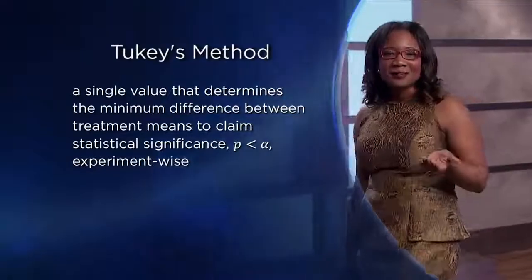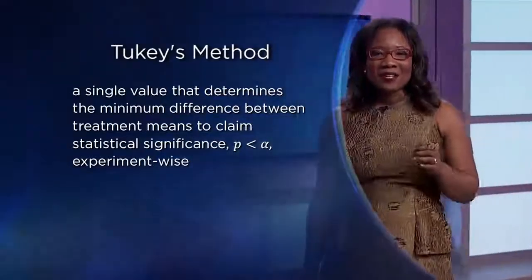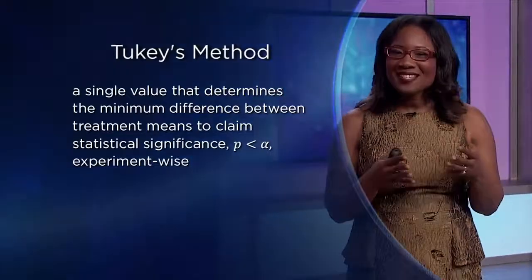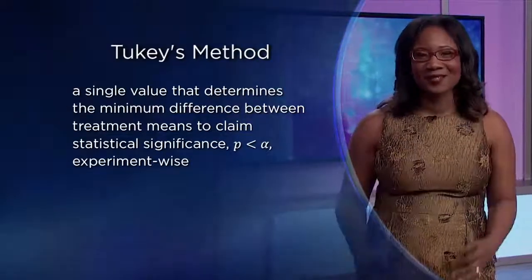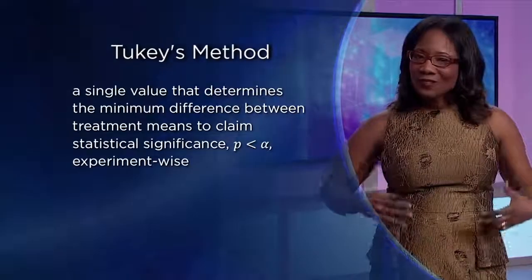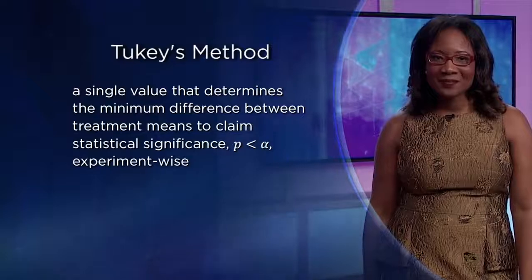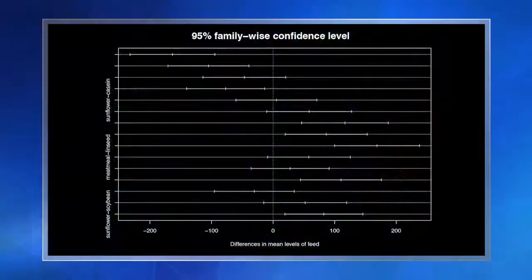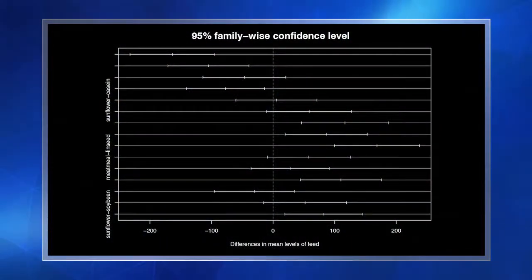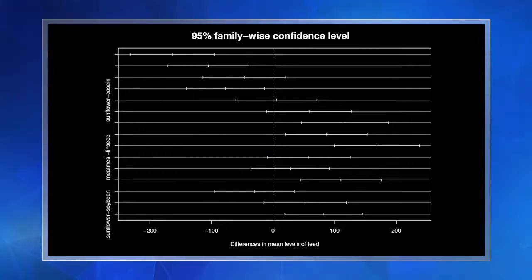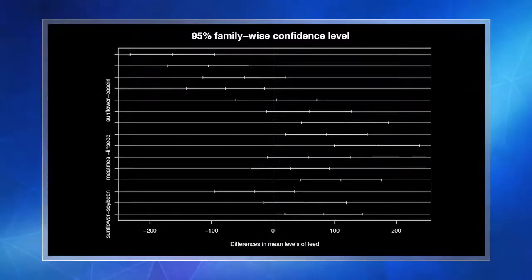Now, in Tukey's method, it's a single value that determines the minimum distance between treatment means that's necessary to claim statistical significance. A difference large enough that p is less than alpha experiment-wise. Now, this function in R, TukeyHSD, creates a set of confidence intervals on the differences between the means with the specified family-wise probability of coverage.